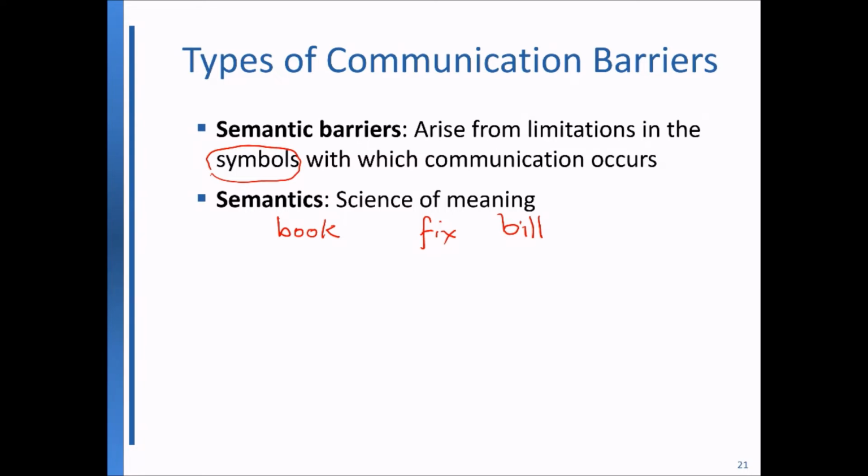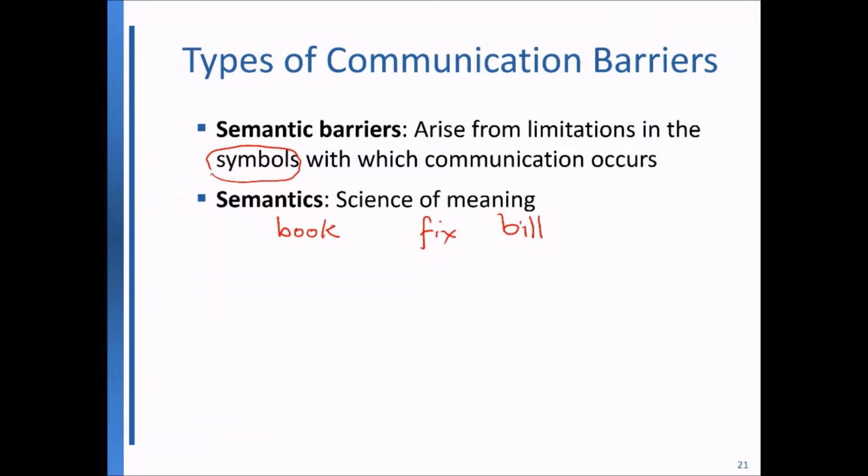Suppose I told one person, okay, give me a book. Book is an example of semantics. Maybe he will give me the book, and that is what he understood from my word. But what I was trying to tell him is book me a flight, something like that.